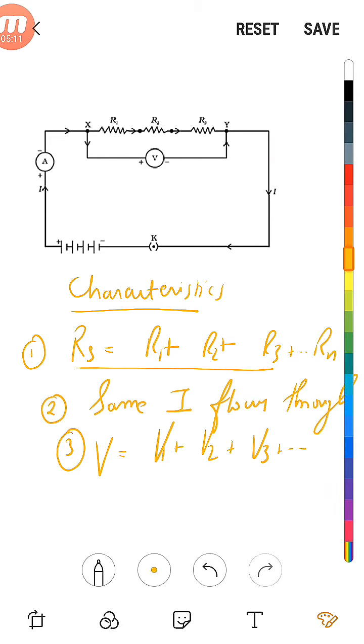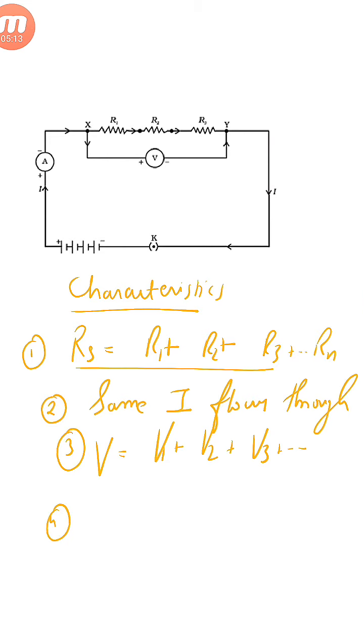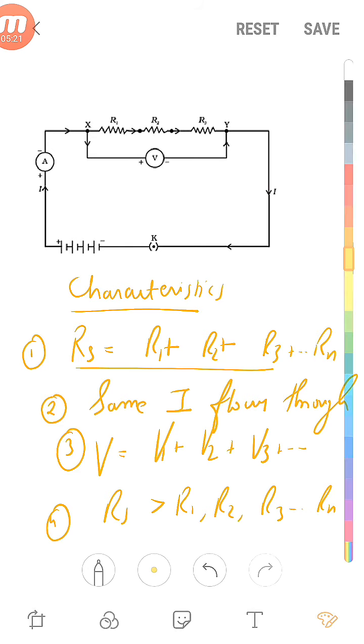And fourth, the effective resistance is always greater than any of the individual resistances. This system is used to increase the total resistance in the circuit.